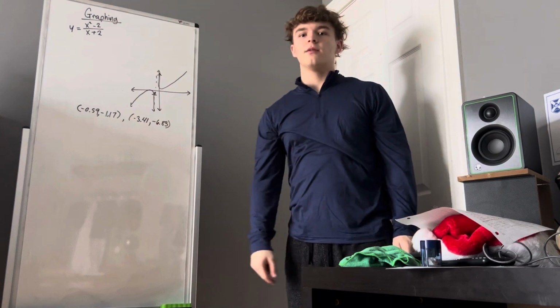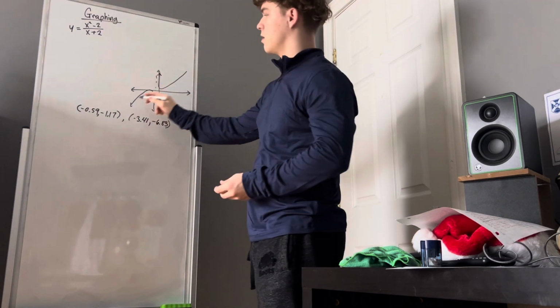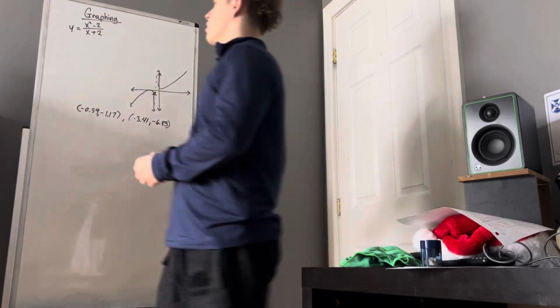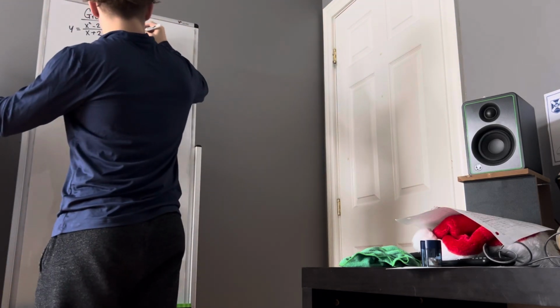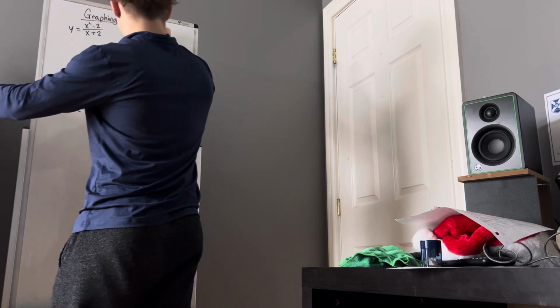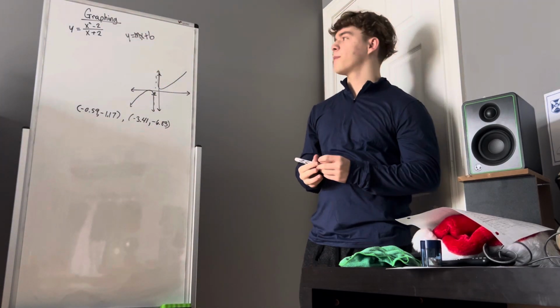So what we're going to do now, we're going to look for a slant asymptote because there still could be a slant asymptote going through here. Well, we know that our slant asymptote is going to be in the form y equals mx plus b. How do we find m and b though?